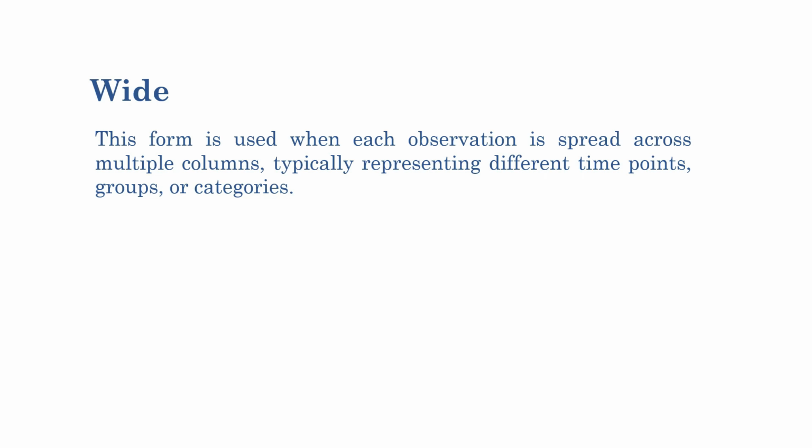Wide format is used when each observation is spread across multiple columns, typically representing different time points, groups, or categories. For example, if you have data on individuals measured at different time points, each time point variable might be in a separate column. Advantages: first, it is an intuitive representation for some analysis.